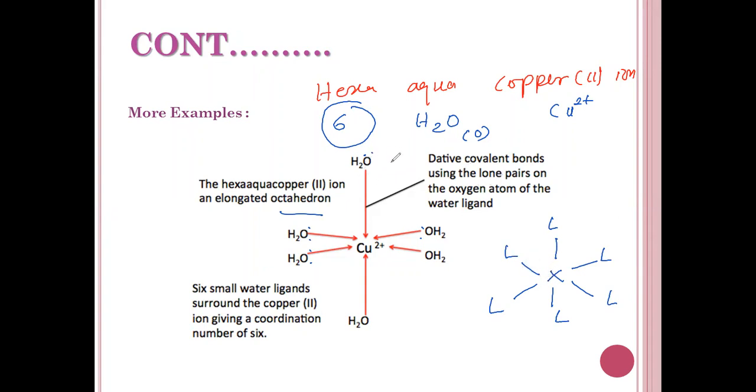Here you can see the dative bonds using the lone pair, the oxygen of the water ligand providing to the copper 2 plus. Now you can see 1, 2, 3, 4, 5, 6 small water ligands forming the coordination number of 6. This is what we are speaking about, the dative metal complex.